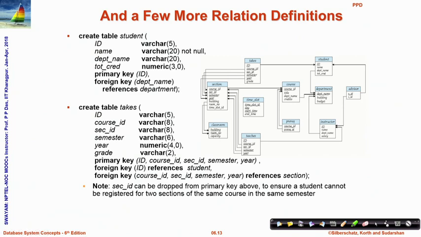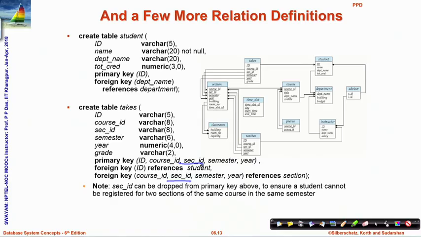Here is a note that you should observe: if you consider this section ID, the section ID is a part of the primary key, which means that two records cannot be the same, but if they are different in the section ID, then such records are allowed.